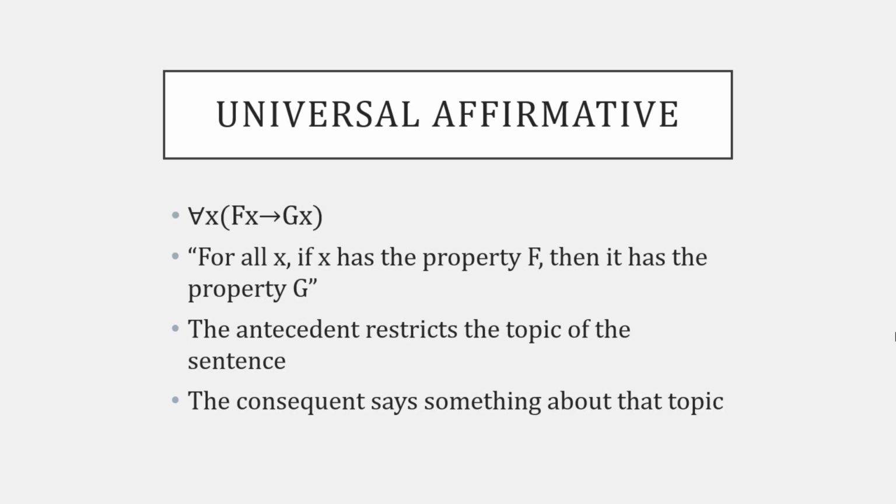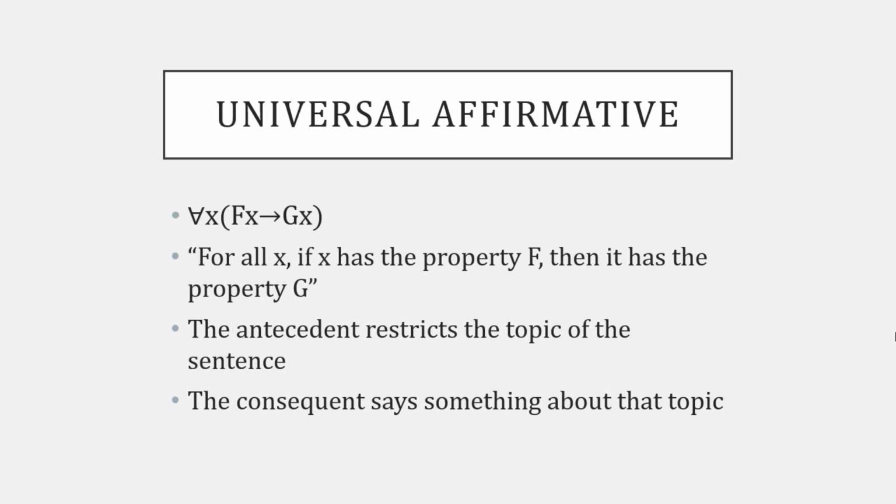Every object in the universe has properties F and G. And that's not what we're trying to say. We're trying to say all dogs are happy. We're not trying to say everything in the universe is both a dog and happy. Every electron, every moon, and every distant planet is both a dog and happy.